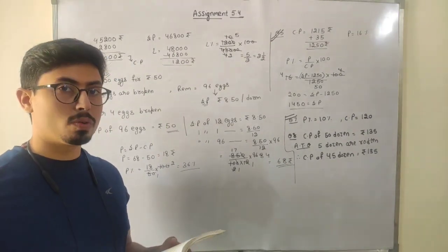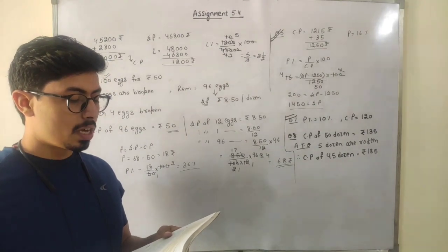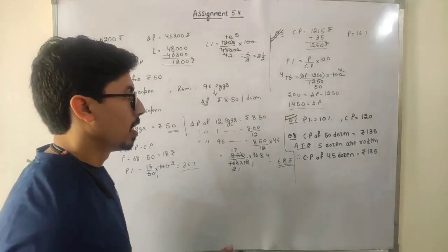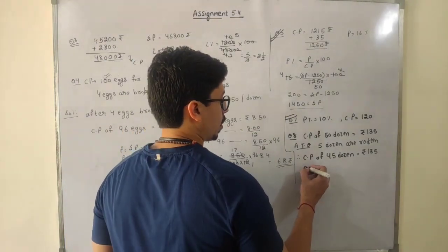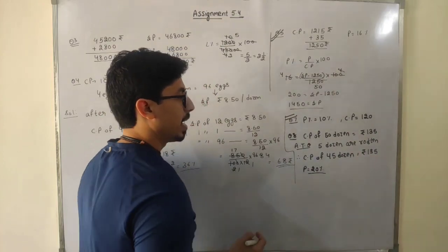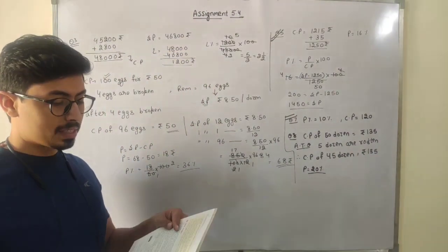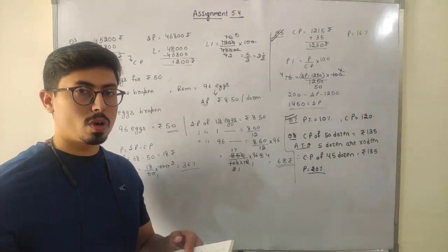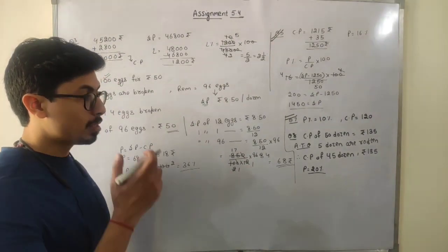That means I have to find out the selling price so that he could make a profit of 20%. Profit of 20% has to be made, and I have to find out the selling price per dozen.